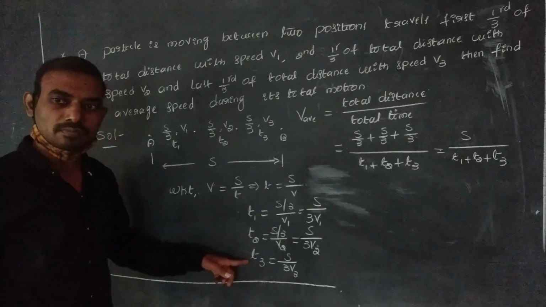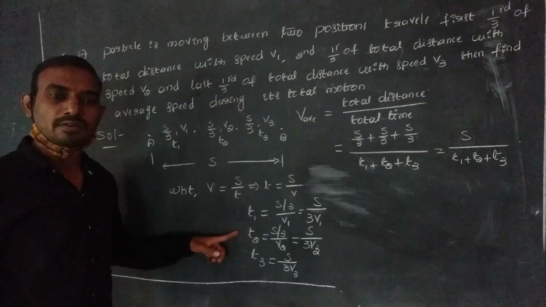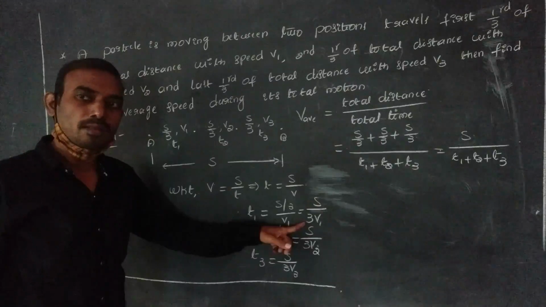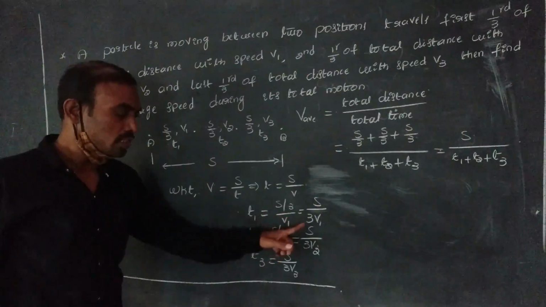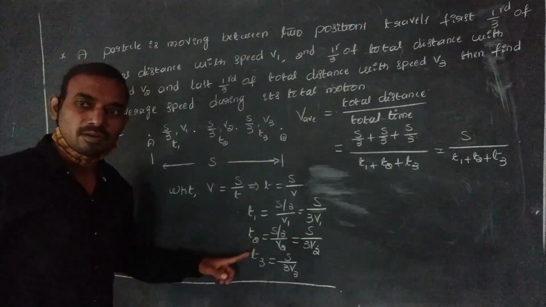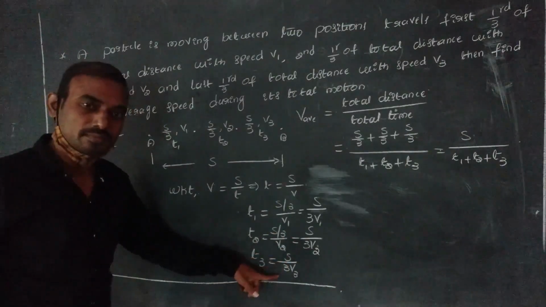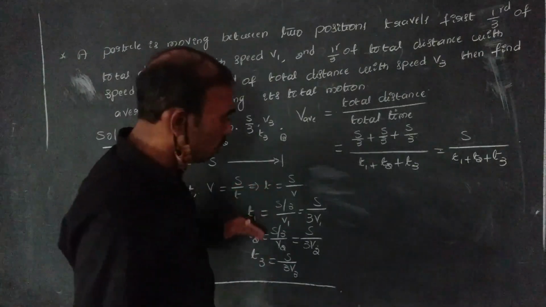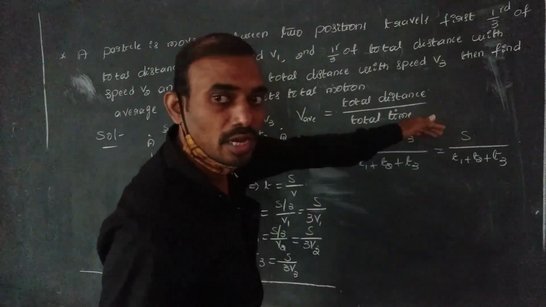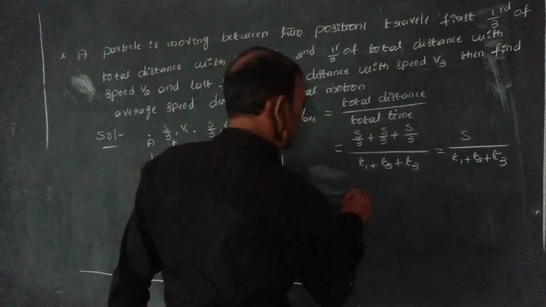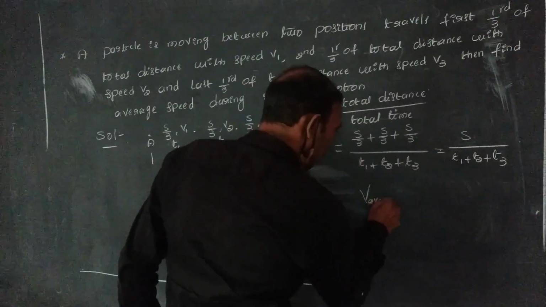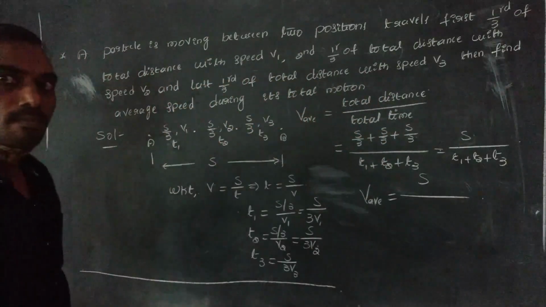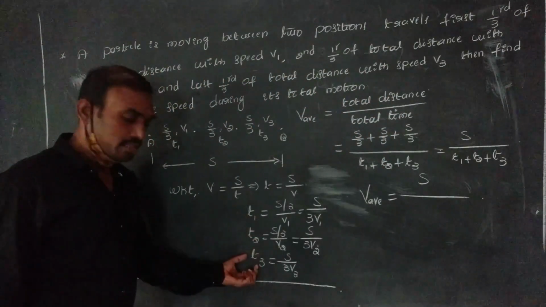So t1 equals S by 3 v1, t2 equals S by 3 v2, and t3 equals S by 3 v3. Now substitute these t1, t2 and t3 values in the average speed. Therefore average speed equals total distance S by t1 plus t2 plus t3.